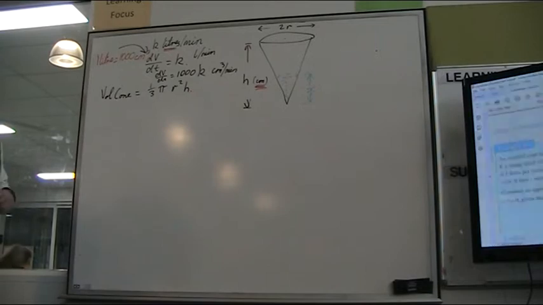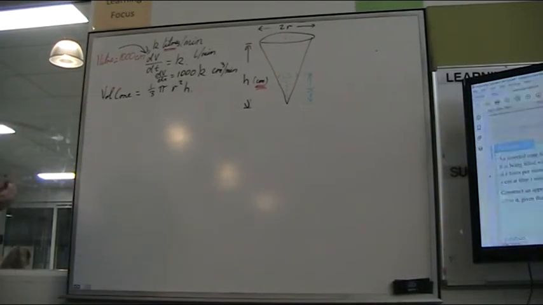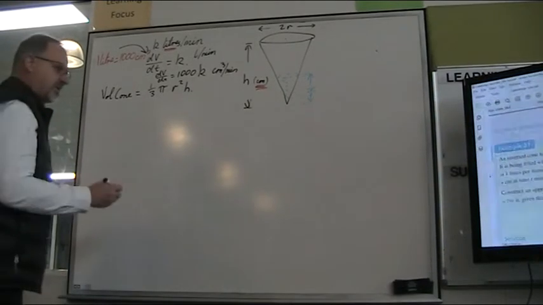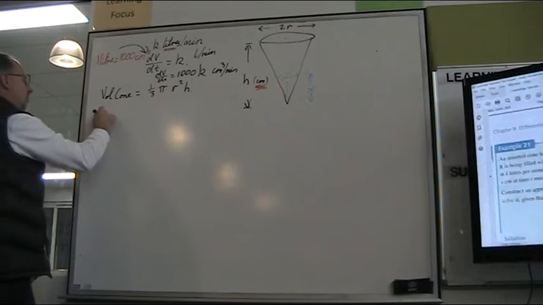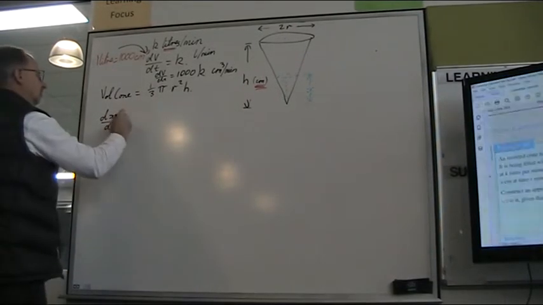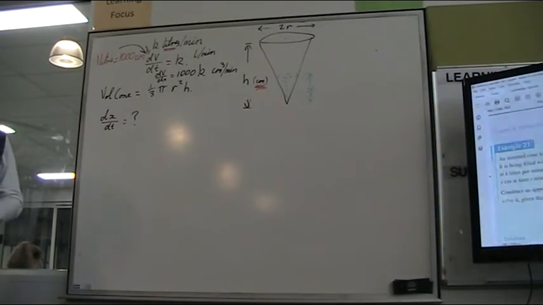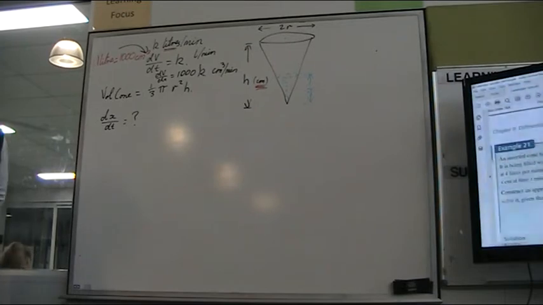We've got the volume with time, and what we are asked to do, in the end, is construct an appropriate differential equation for dx dt. So we need to get dx dt in there in some way or other.